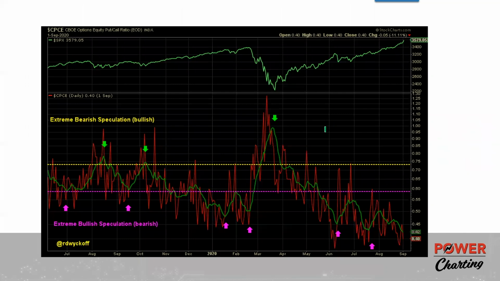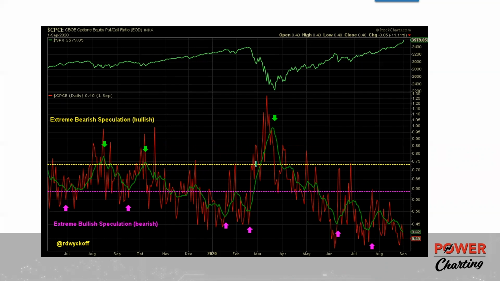The other sentiment indicator we're going to briefly look at, we've seen this before, is the put-call ratio. It got down to a low reading in the area of January, February of 2020, where the extremes of optimism and bullish speculation were reached, and this was a near record for volume.